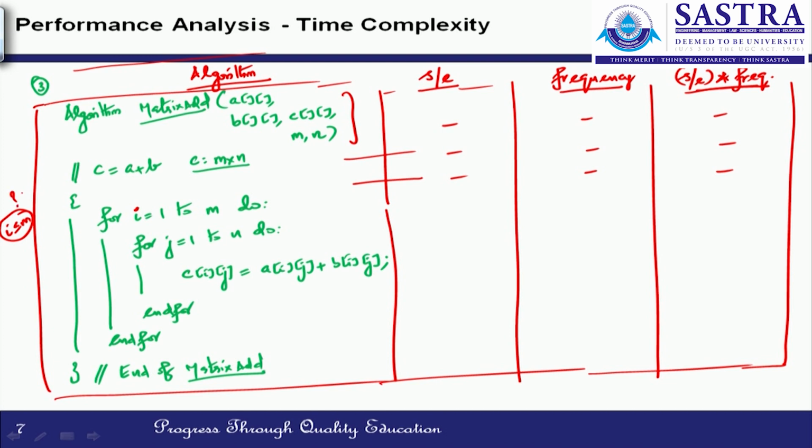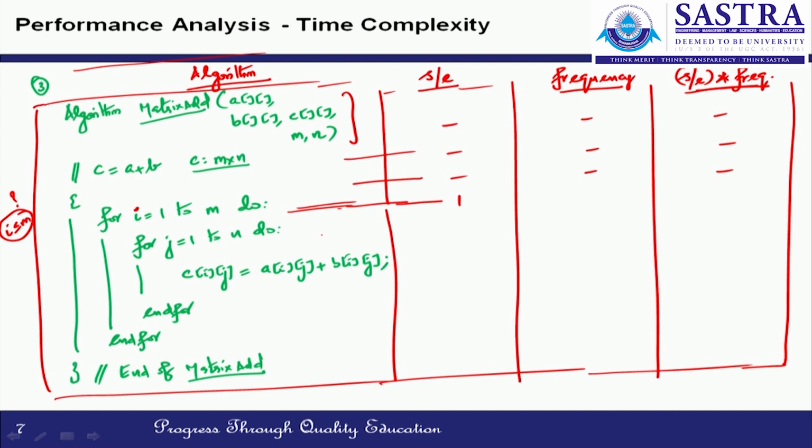This takes one step per execution because a count is incremented by 1 for each conditional test i less than or equal to m. So, steps per execution for this conditional test is 1.